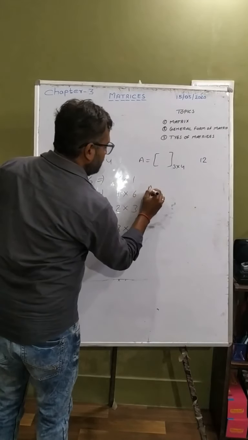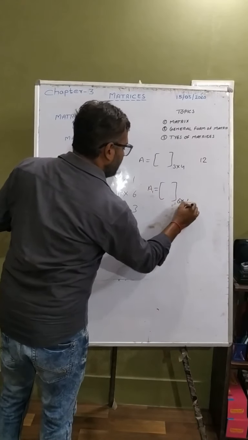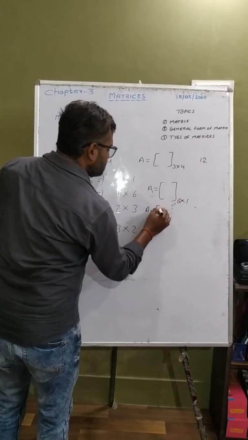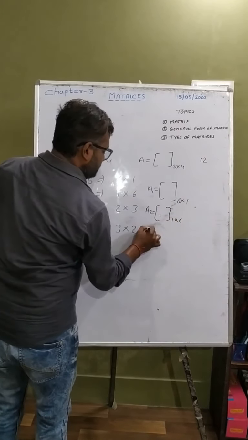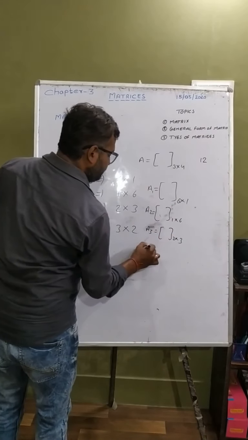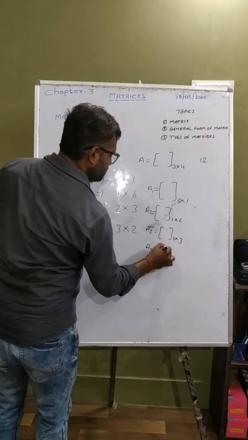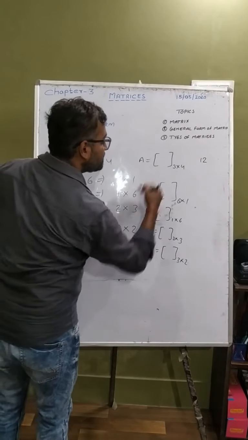A1 is a matrix of the order 6 by 1. A2 is a matrix of order 1 by 6. A3 is a matrix of the order 2 by 3. A4 is a matrix of the order 3 by 2. Then how many possible matrices can be formed?